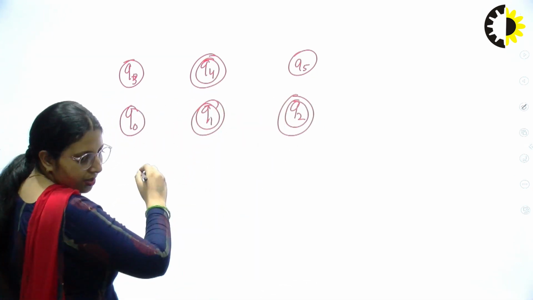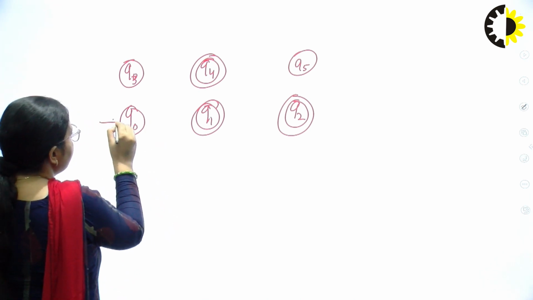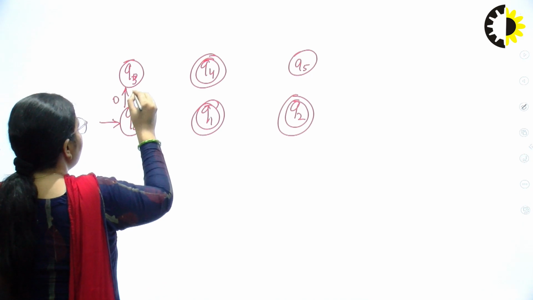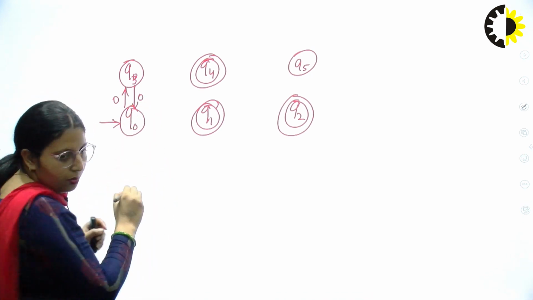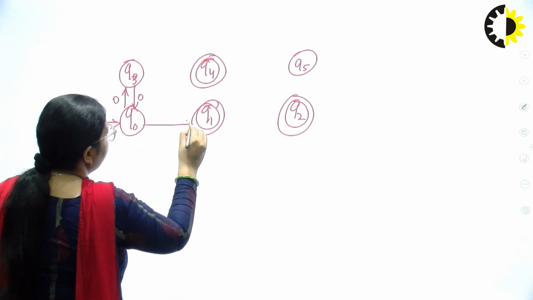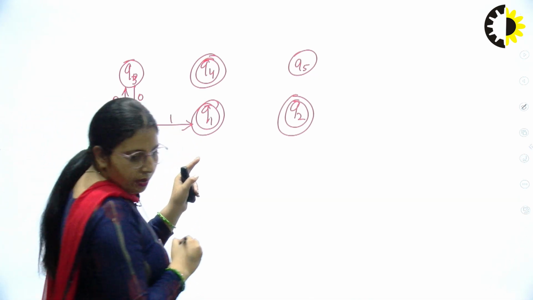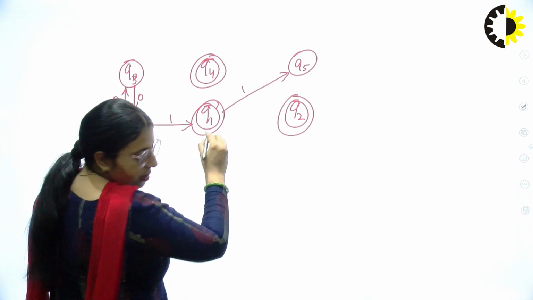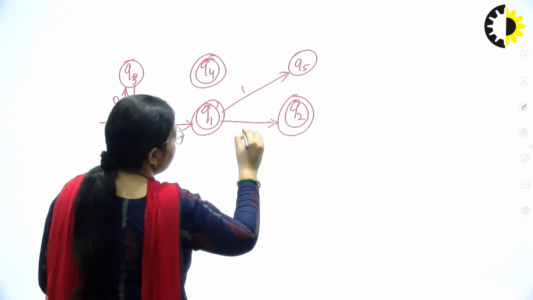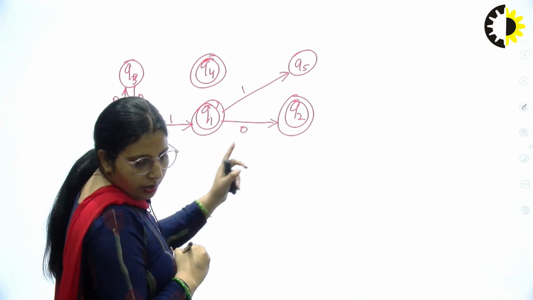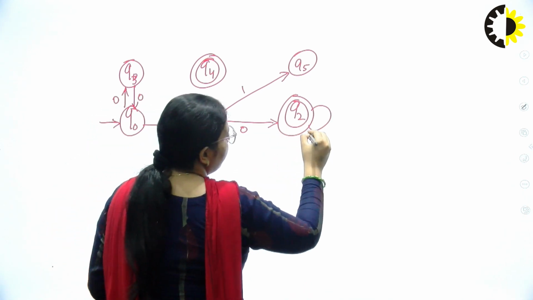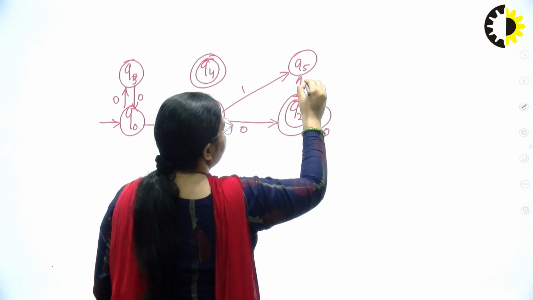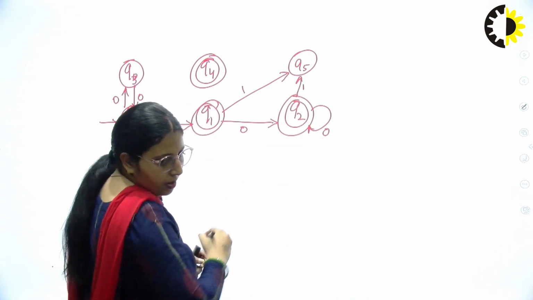Now the transitions are, if this is the initial state Q0, on 0 it loops, on 1 it goes to Q1. It goes to Q5 for 1, and for 0 it goes to Q2. For Q2 on input 0 it goes here, and for 1 it goes to Q5.